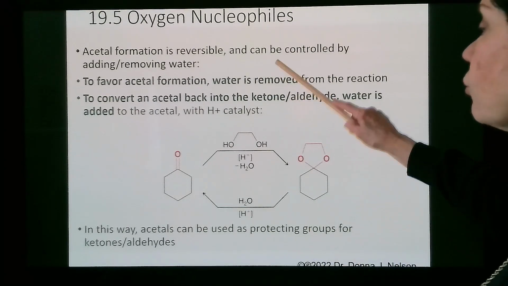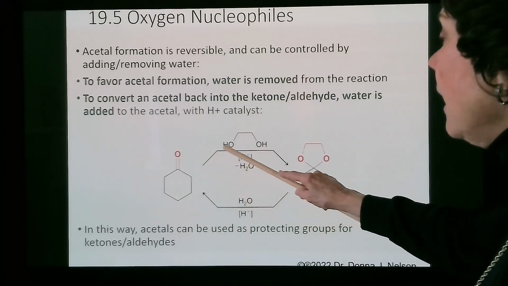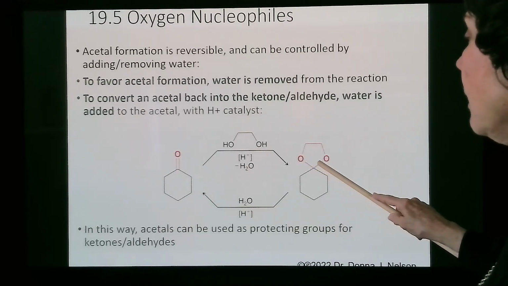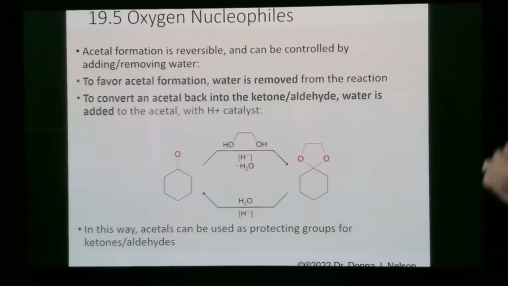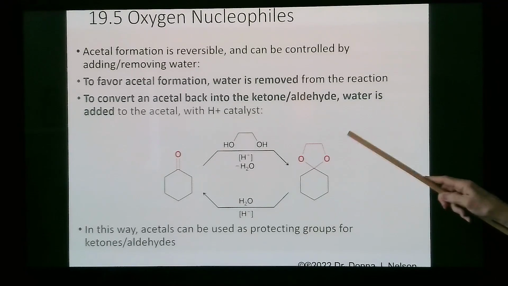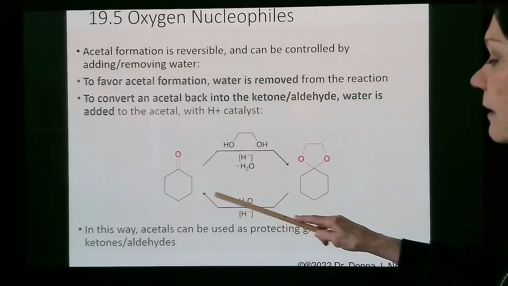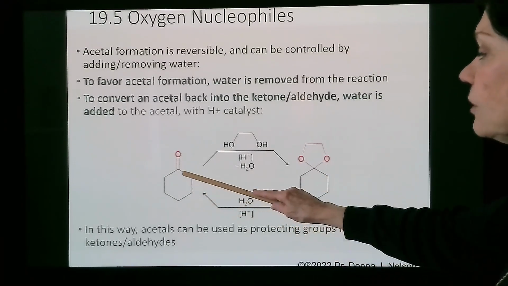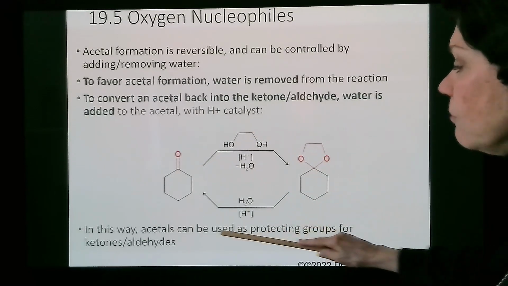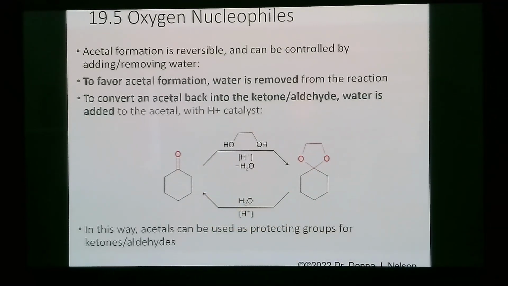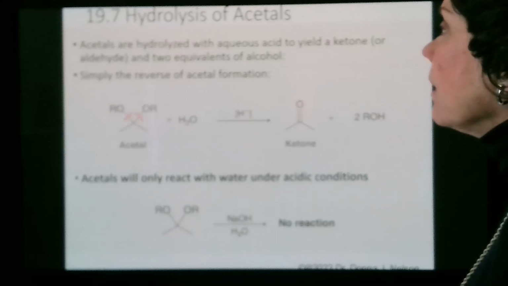Acetal formation is reversible, so you can drive the equilibrium towards the products by removing water, or you can drive it towards the reactants by adding water, and so this can be put on as a protecting group and then removed.